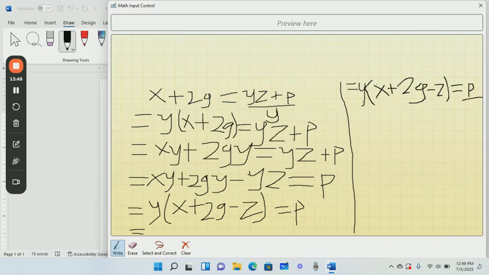So we divide both sides by the bracket, x plus 2g minus z, bracket close.